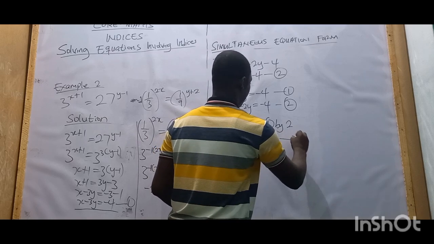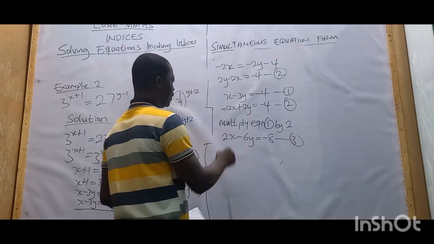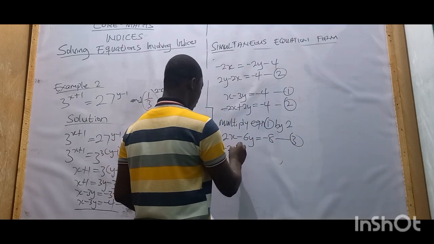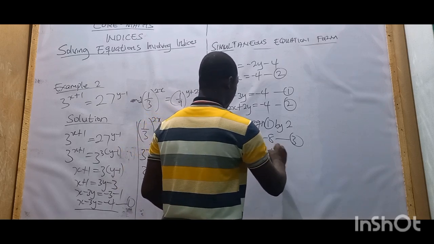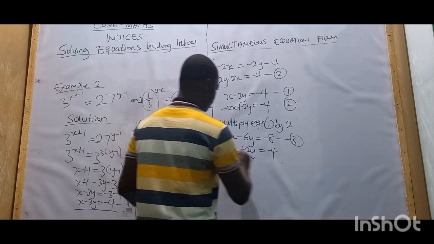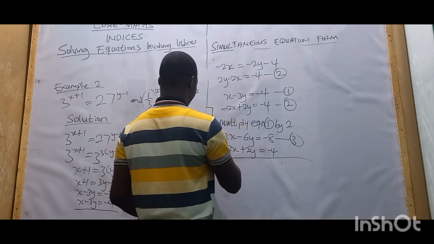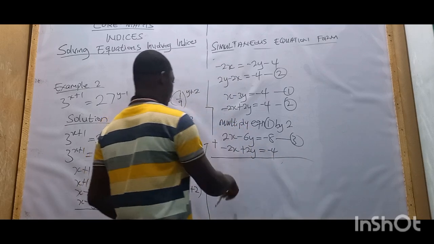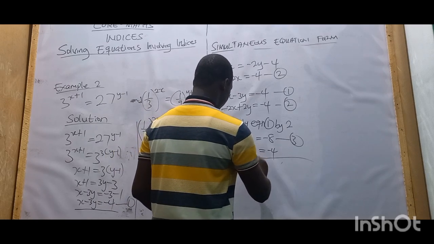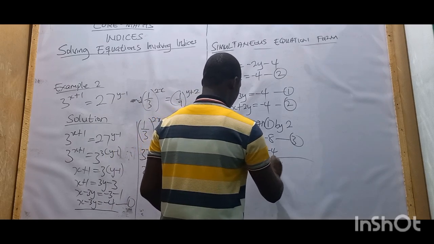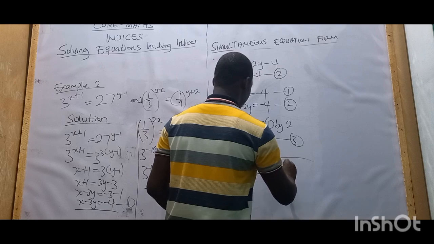So this one becomes my equation 3. And let me write my equation 2, negative 2x plus 2y equal to negative 4. So I'll add them. So here will give me 0. It will give me negative 4y equal to negative what? 12.